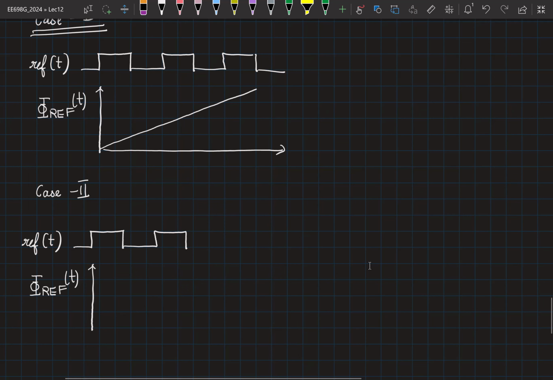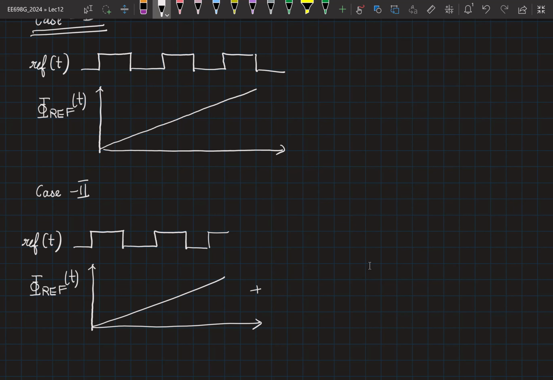We have already seen what happens if you give a step. So this is your large signal phase plus, if I add a small step to this, you know how it is going to behave, right? All the edges are going to get advanced.